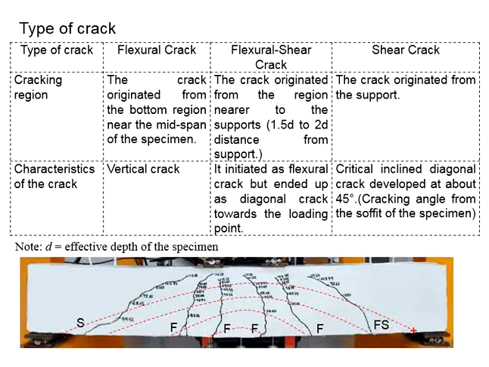Let's say the imaginary contour will be something like this. When the crack reaches here, it shall go in this direction, as these regions will have relatively low stress as compared to this region. That's why deeper into the specimen, there will be an inclined crack.